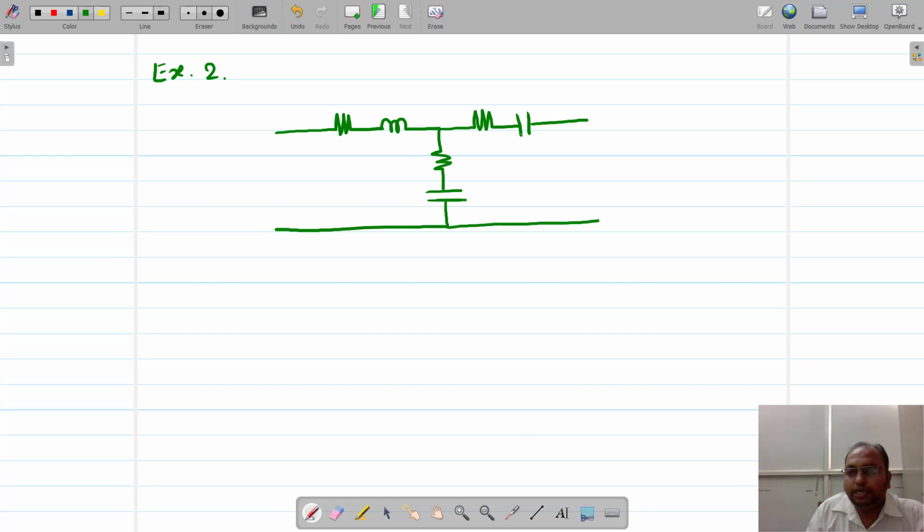This is the circuit which is given to you, and you have been asked to find out the Z parameter for this one.